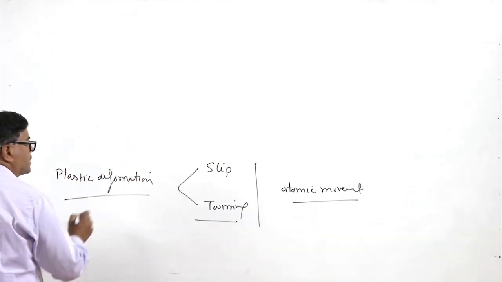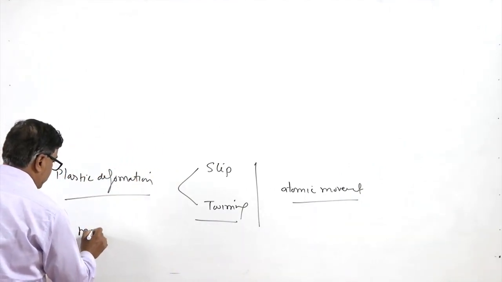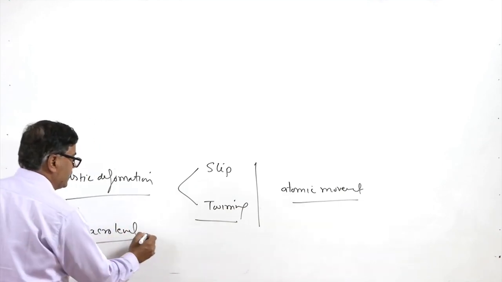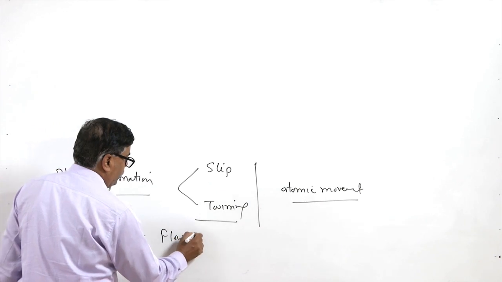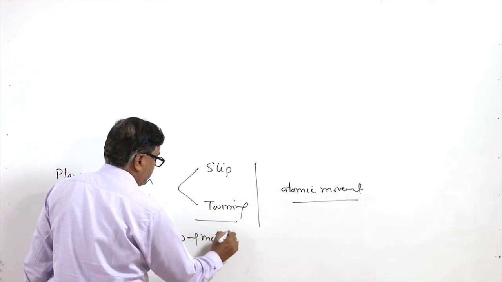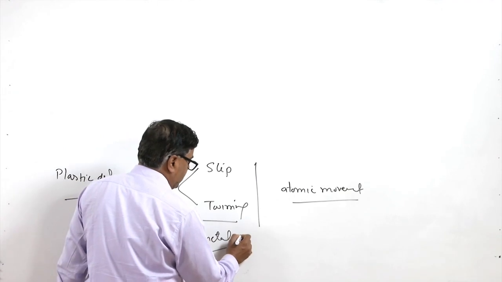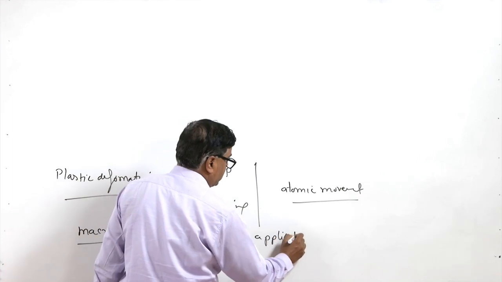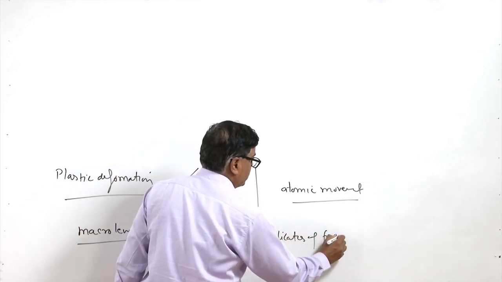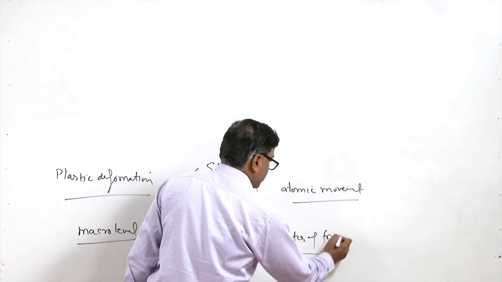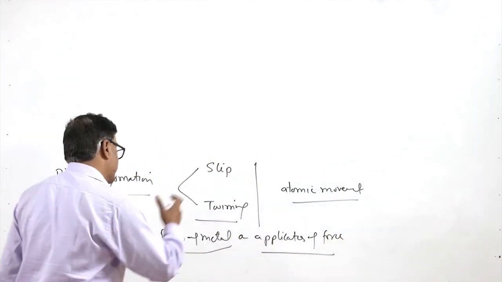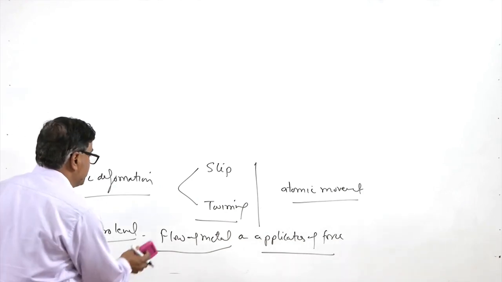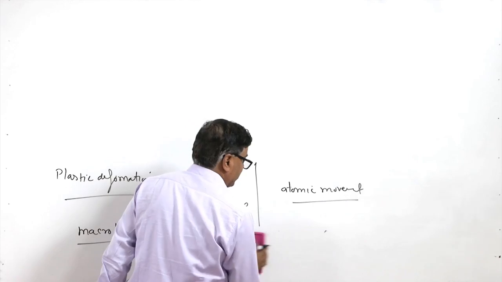This is what happens at the micro level, but at the macro level the plastic deformation involves the flow of the metal, as per the direction of application of the force. The force is applied to cause the plastic deformation, and as per the direction in which force is applied, the metal will flow to facilitate the plastic deformation.